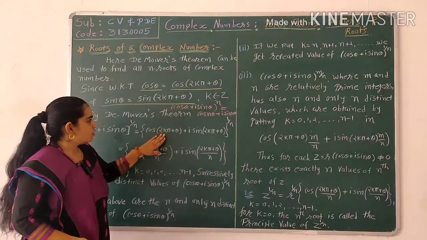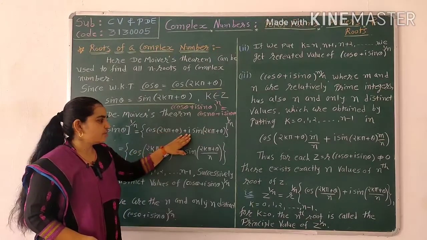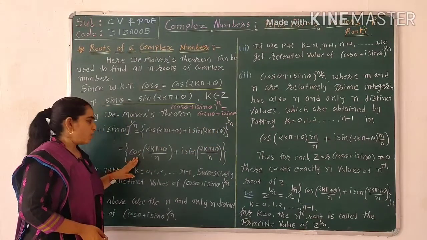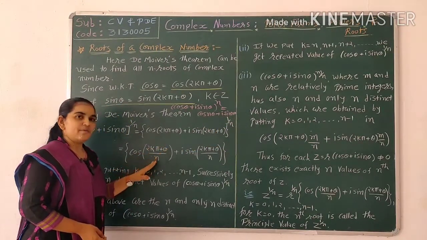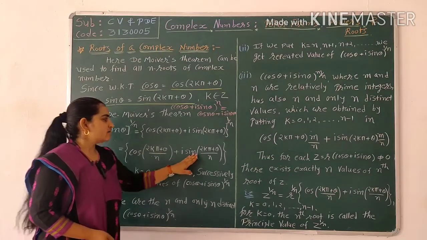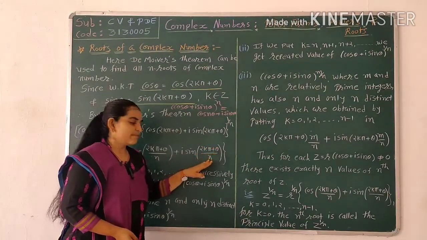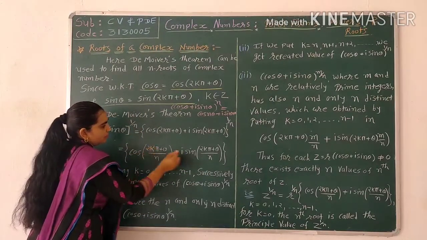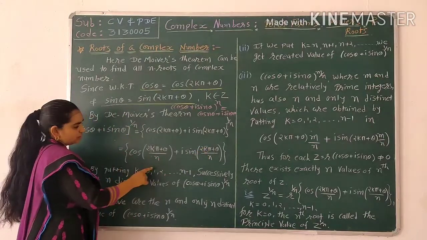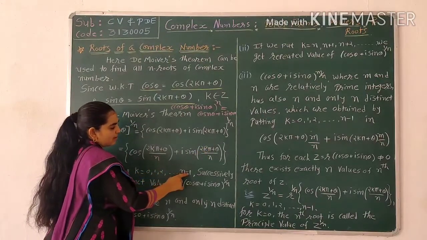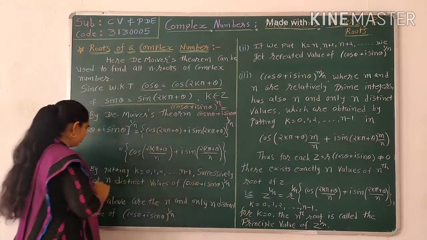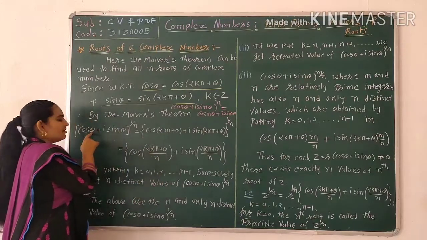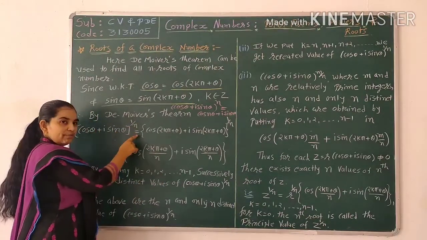Therefore, here (cos (2k pi plus theta) plus i sin (2k pi plus theta)) raised to 1 upon n, we can write cos ((2k pi plus theta) by n) plus i sin ((2k pi plus theta) by n). Now, we have to put the value of k equal to 0, 1, 2 up to n minus 1. Successively, we get n distinct values of (cos theta plus i sin theta) raised to 1 upon n.